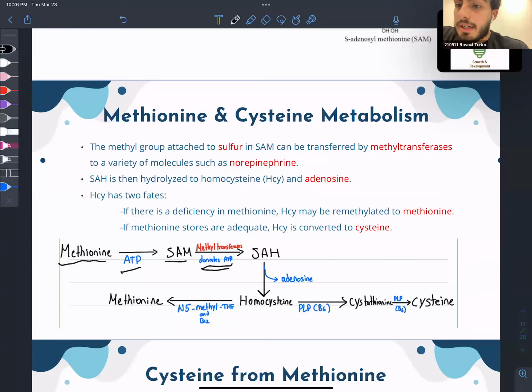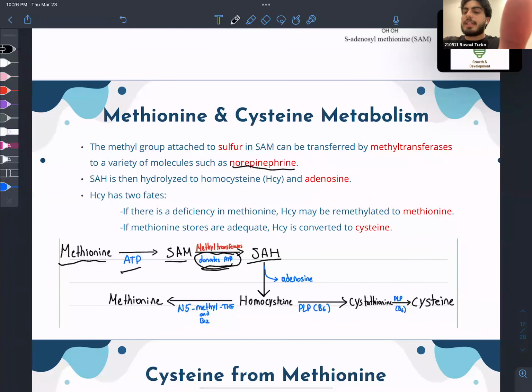Now this methyl group gets donated to a variety of different molecules, for example norepinephrine, and that happens because of the enzyme methyltransferase, which makes sense because the SAM had the methyl group that moved.